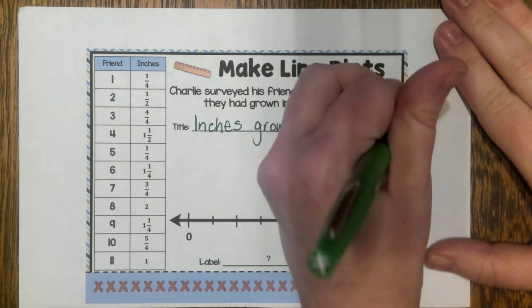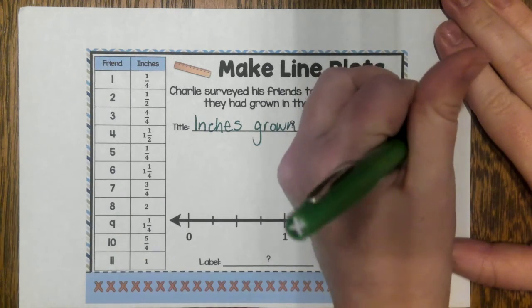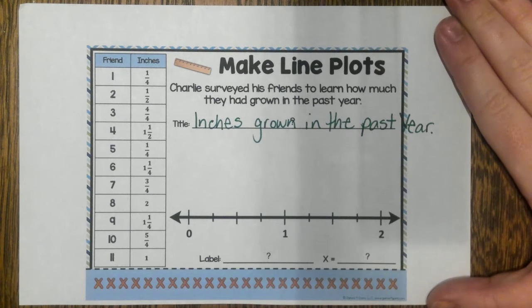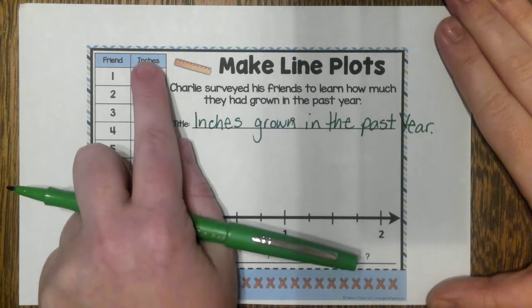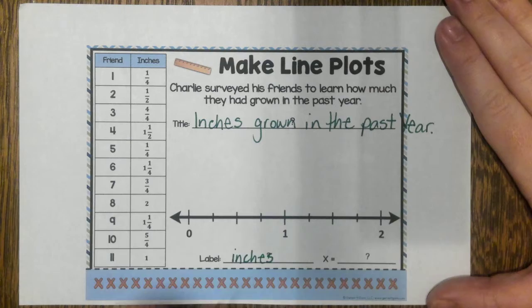I'm going to name it Inches Grown in the Past Year. Okay, so I know that I'm measuring in inches. And then what does each X represent?